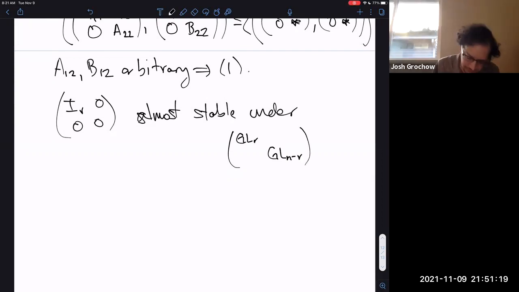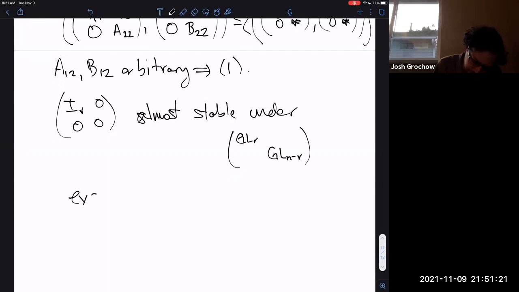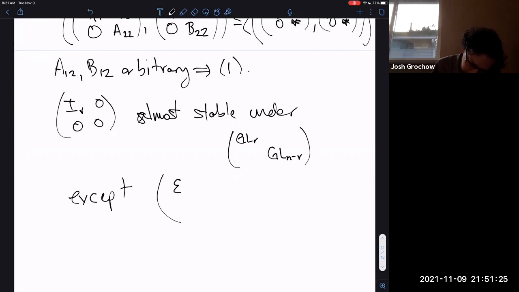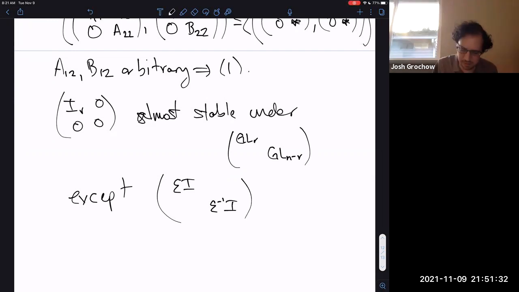Okay, except that I can do a silly thing, right? I can do epsilon times the identity and epsilon inverse times the identity. And if I left multiply by this, this is in here, but this will drive this to 0. So let's do away with that.